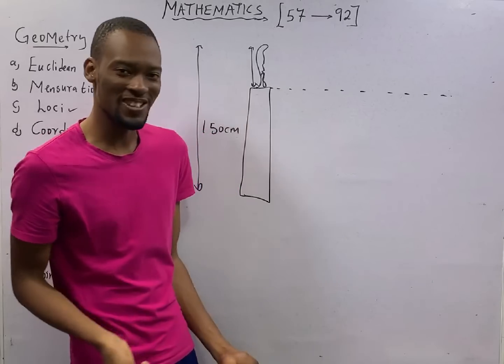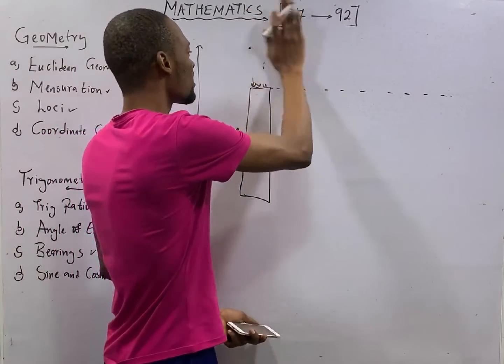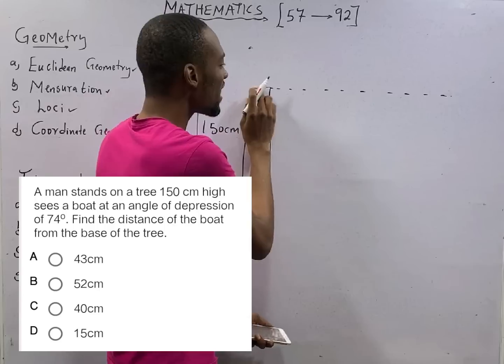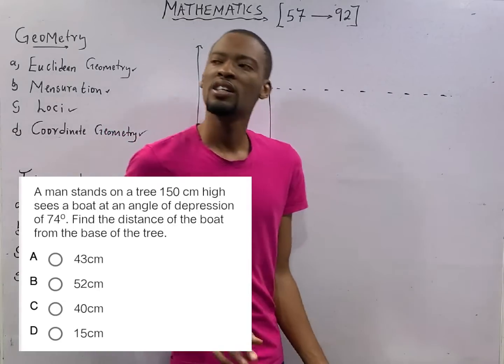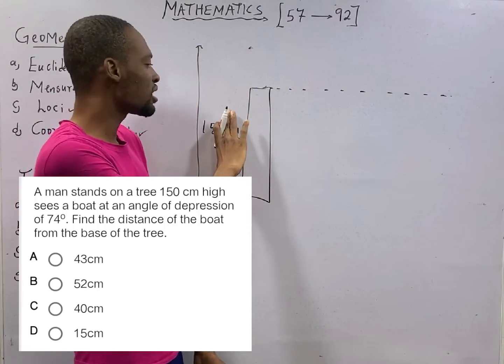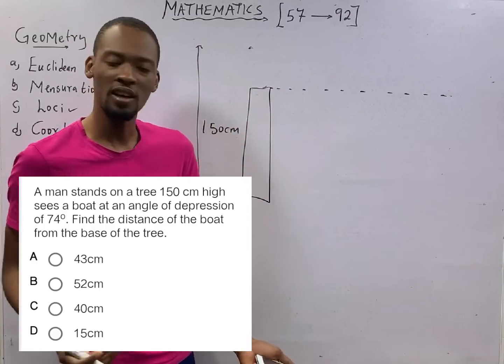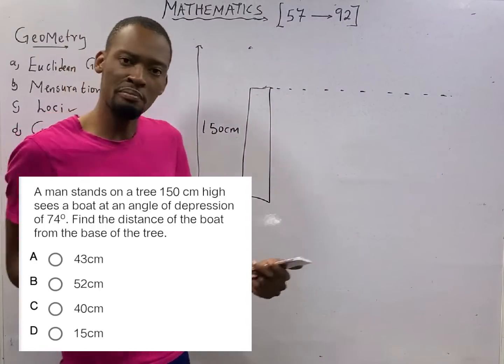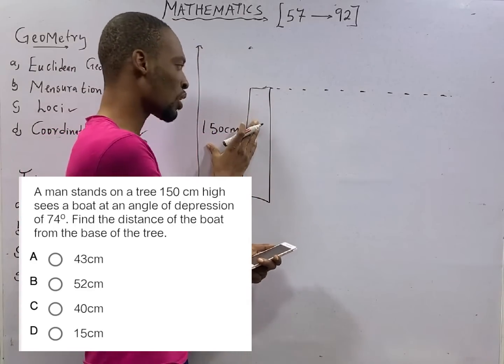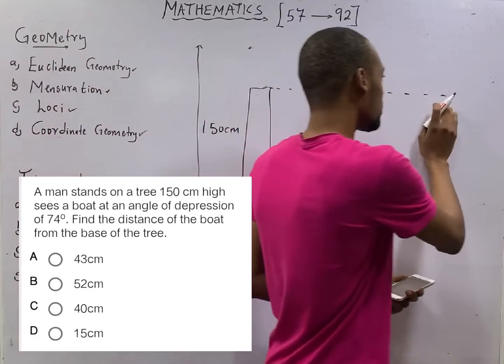But most of these questions assume that since this is the height of the tree, this is where the eye of the man is. Or they assume this distance to be both the height of the object and the height of the man. But that's not our business. We know that this is the height we are working with, and this is the horizontal.